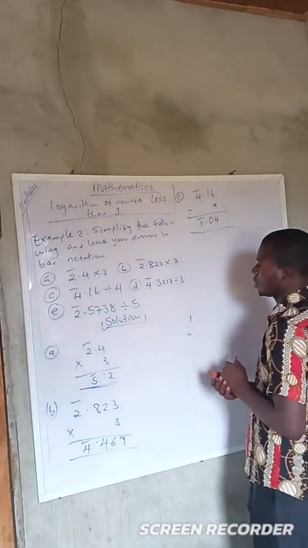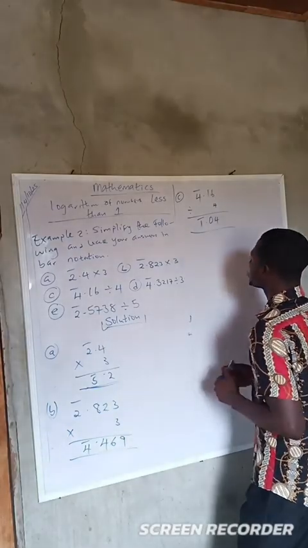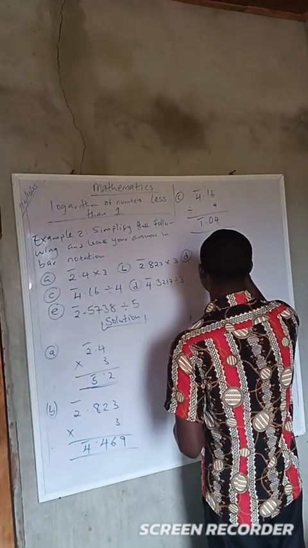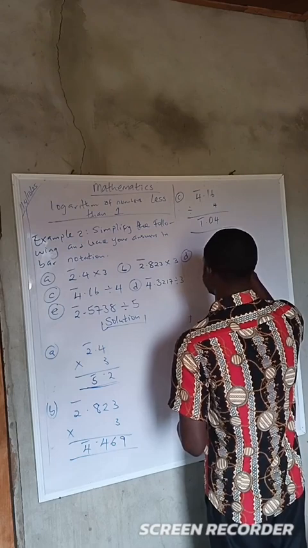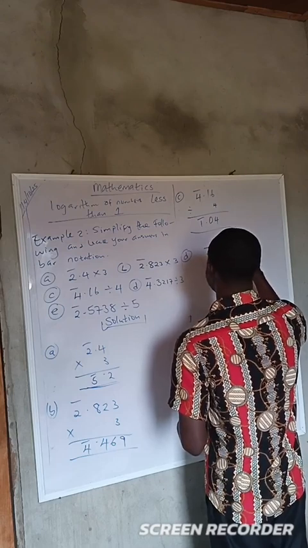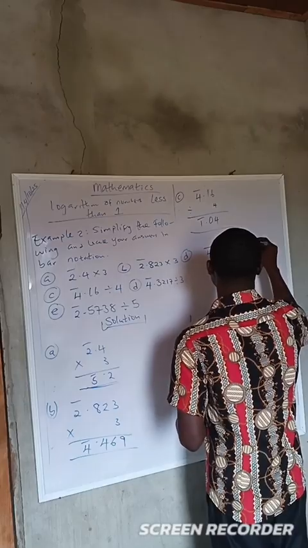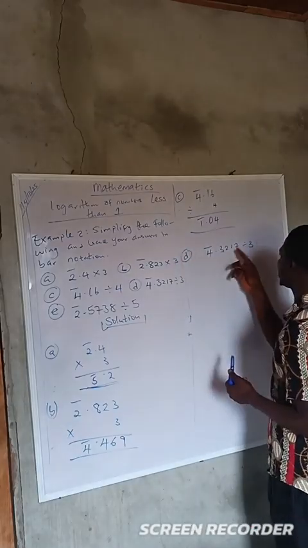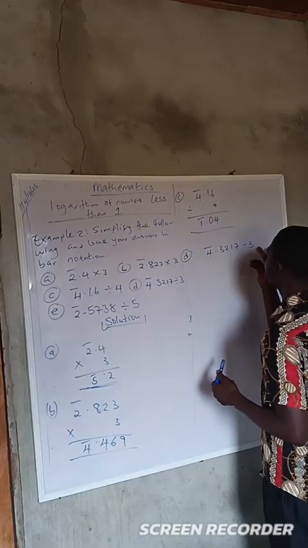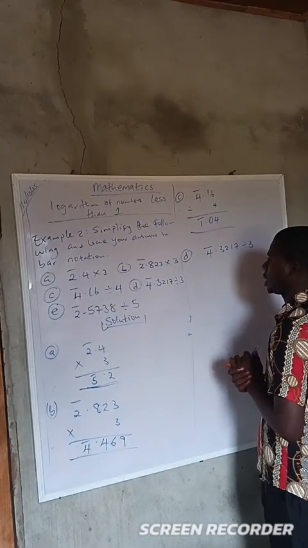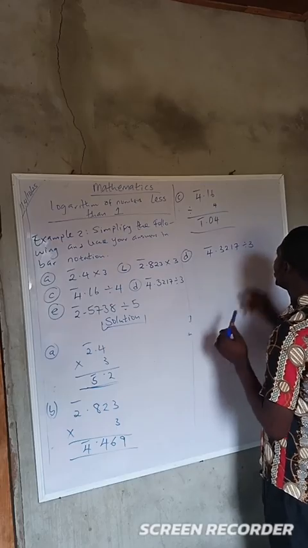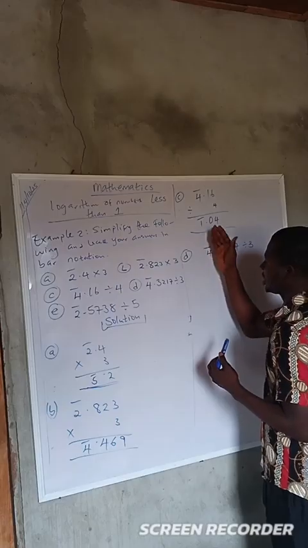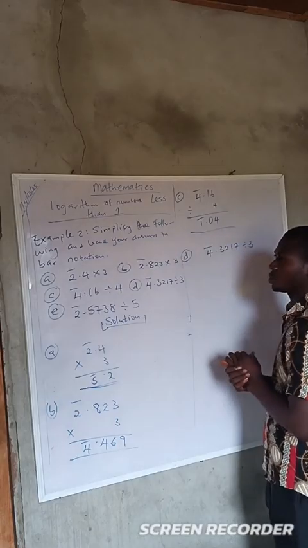Now let's take the other one, D. You have bar 4.3217 divided by 3. Now, when you see that this bar 4 is not divisible by 3, you think of a multiple of this 3 that is more than this bar 4.